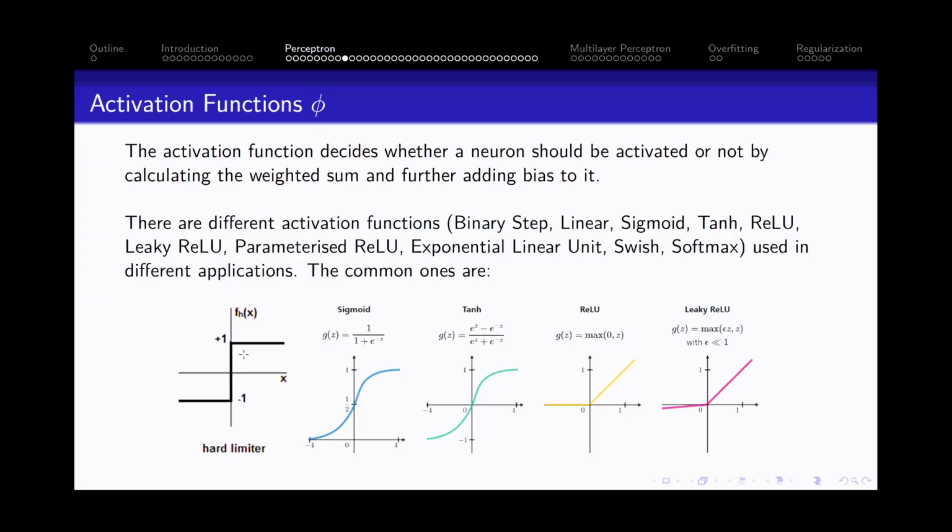You may also have some other activation functions. The most common one is sigmoid, which can be used for binary classification. Again, depending on the task you have, you may choose any of these activation functions. It's not like you always go with the simplest one or with the most complicated one.